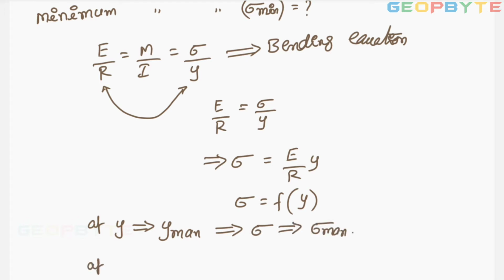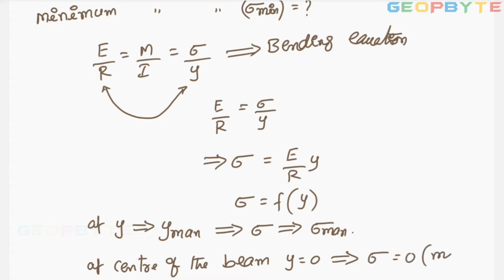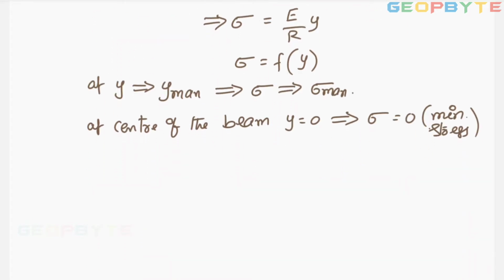But at the center of the beam, y equals 0. When y becomes 0, sigma becomes 0. This is the minimum bending stress. So minimum stress means 0 stress only. Otherwise, let us take a beam.